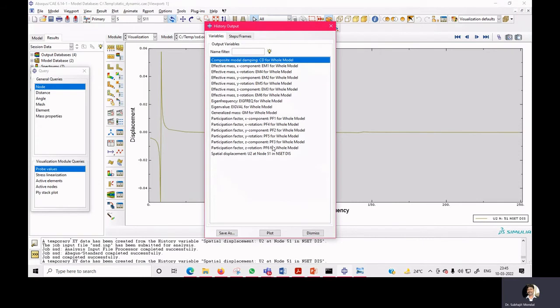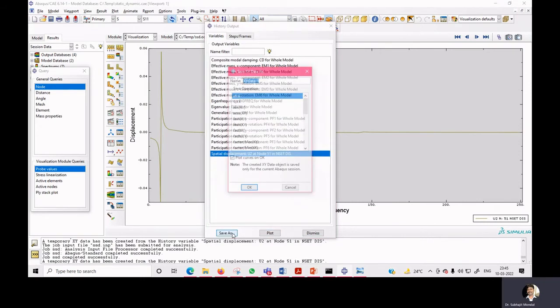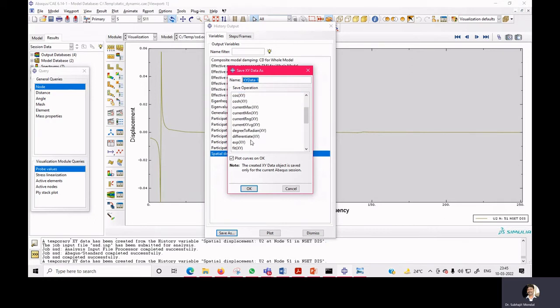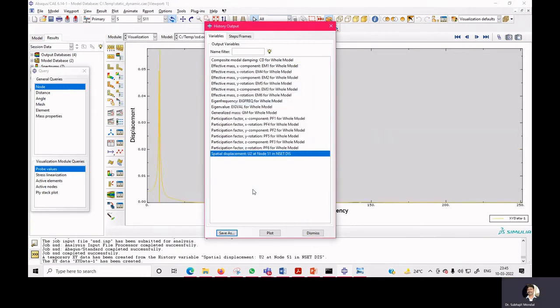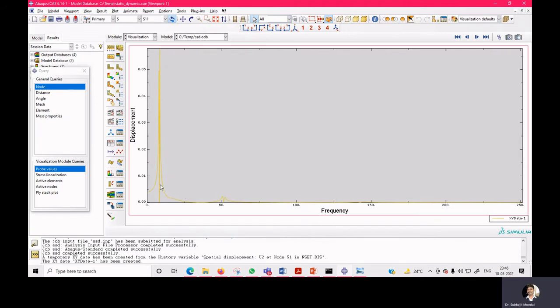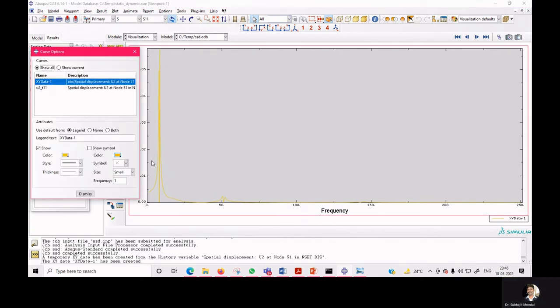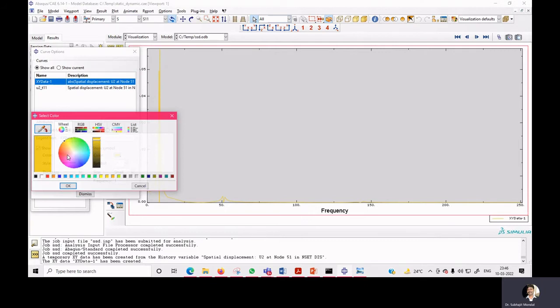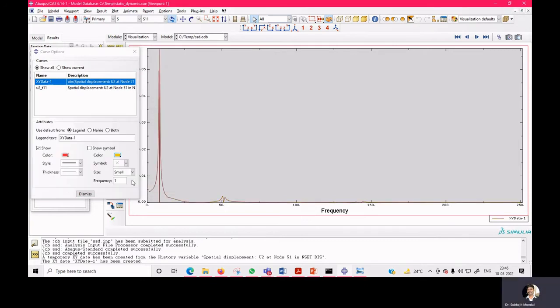Select this output, and you can save it as magnitude. Here we can plot as absolute value. Now here we can change the color, we can change this one to red.